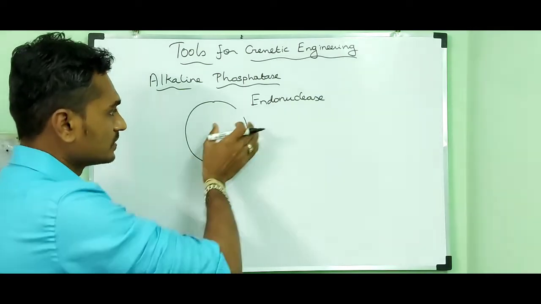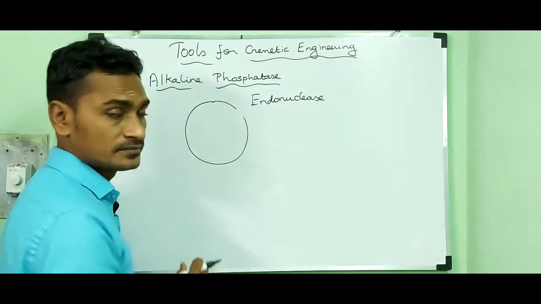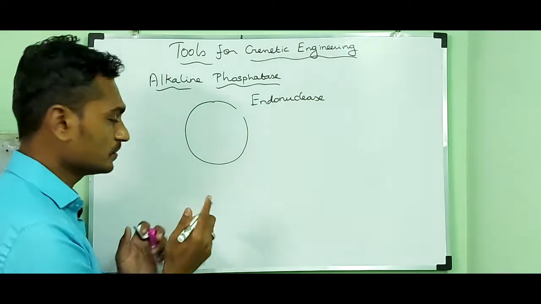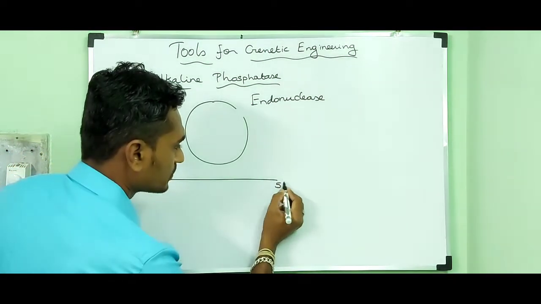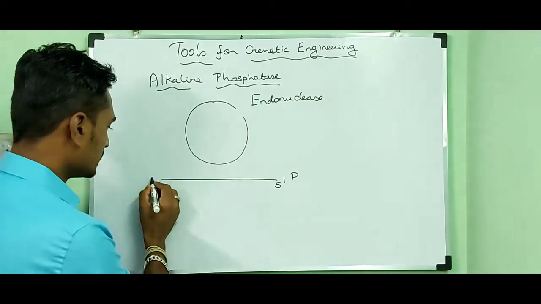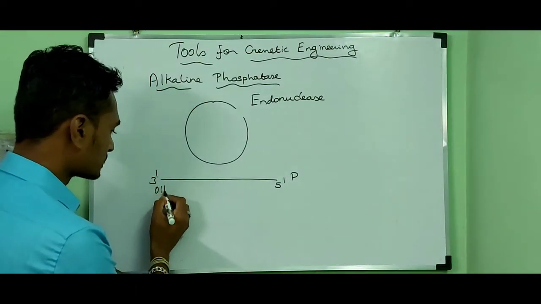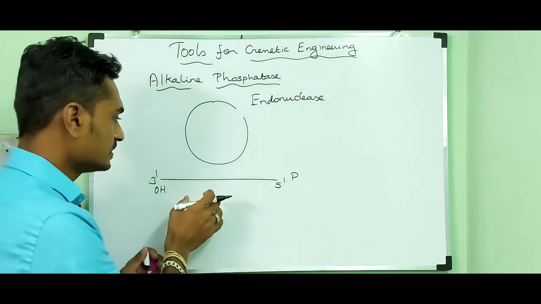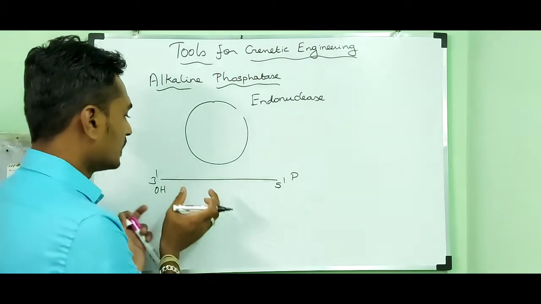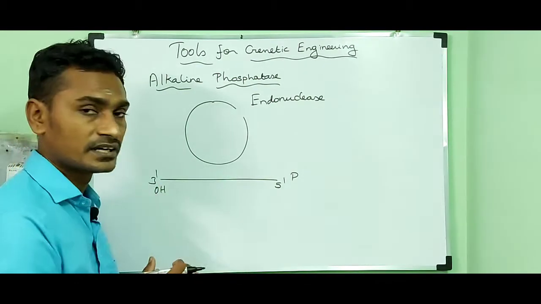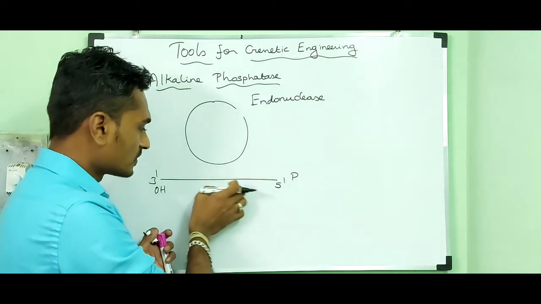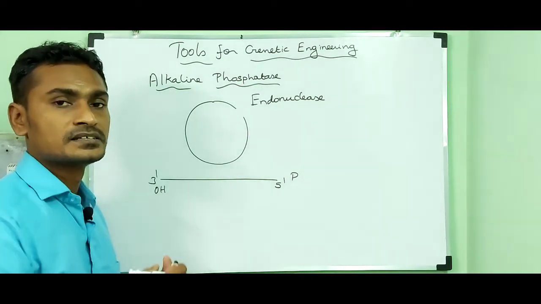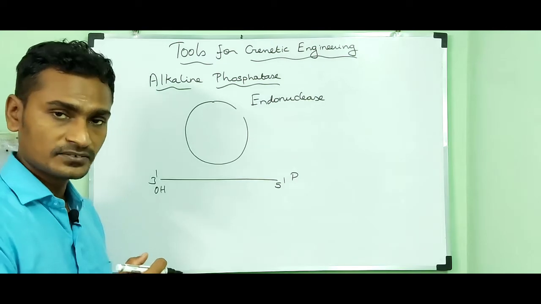After the cut, this plasmid becomes linear. The plasmid becomes linear and it contains a 5' end with a phosphate group and a 3' end with a hydroxyl group. In this situation, the DNA segment or molecule can self-ligate.